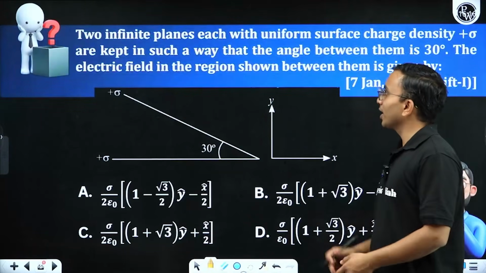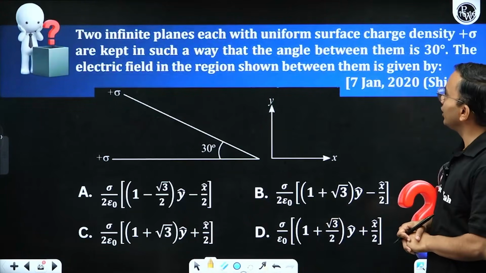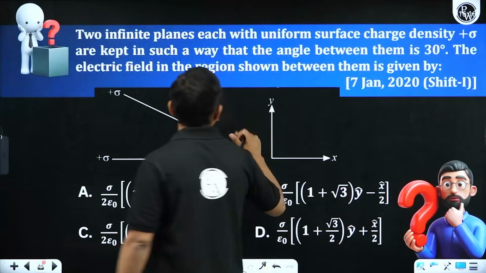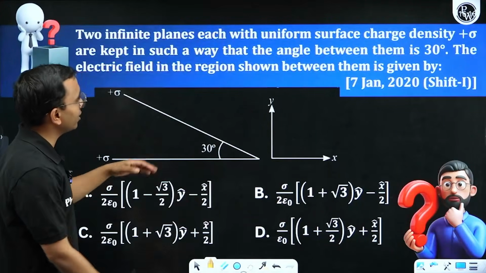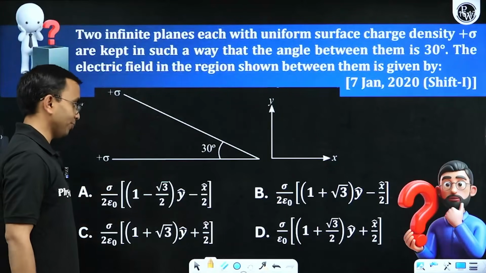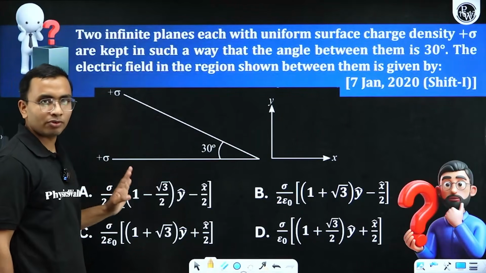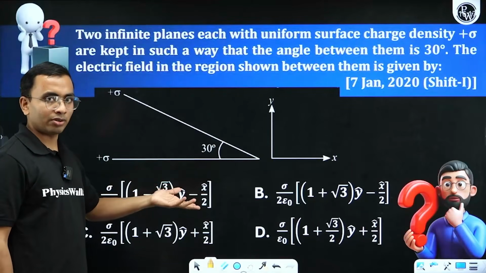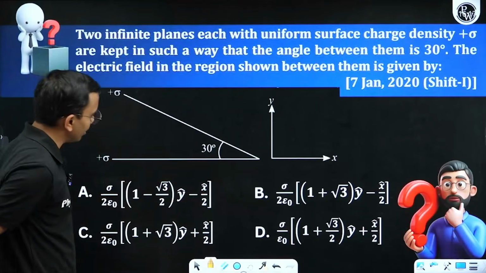Another question. Two infinite planes, each with uniform surface charge density plus sigma, are placed here. The angle between them is 30 degrees. The electric field in the region shown between them is. I know due to one sheet the electric field is sigma by epsilon naught, but here two are placed at an angle of 30 degrees.